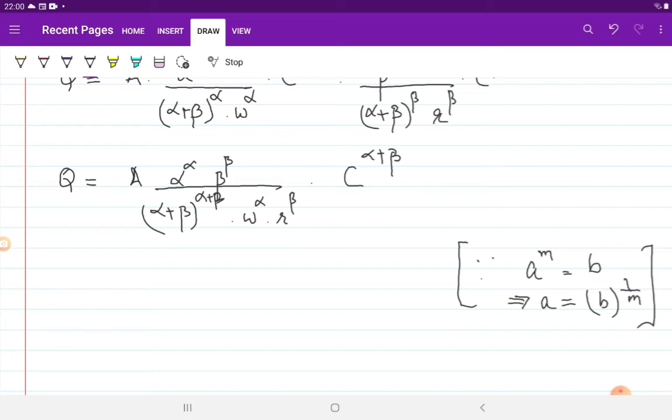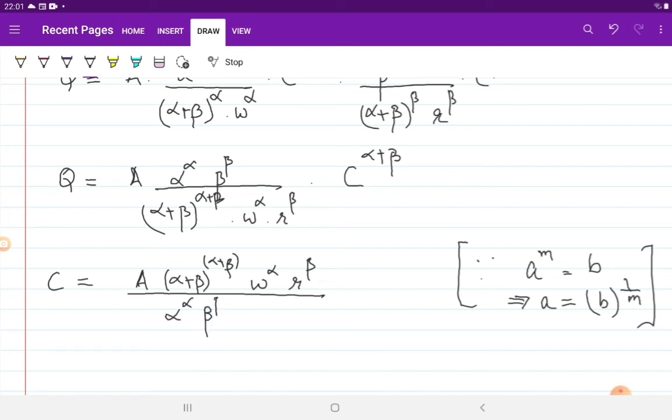So using that information, I can write C as equal to A times alpha plus beta to the power alpha plus beta into W to the power alpha R to the power beta divided by alpha to the power alpha into beta to the power beta into Q, whole raised to the power 1 by alpha plus beta.